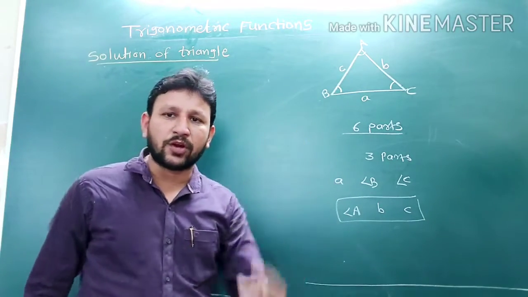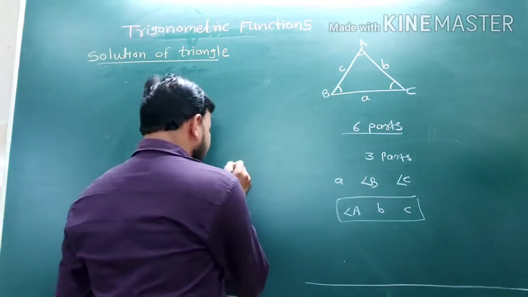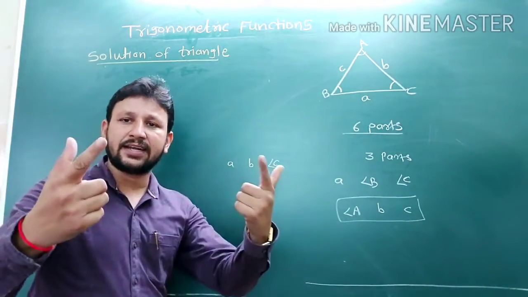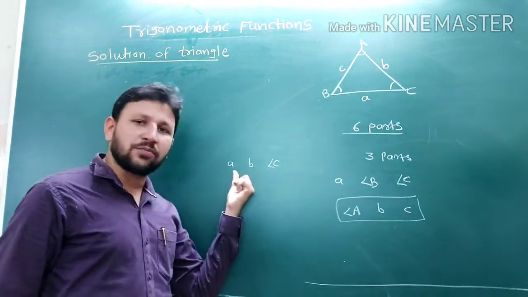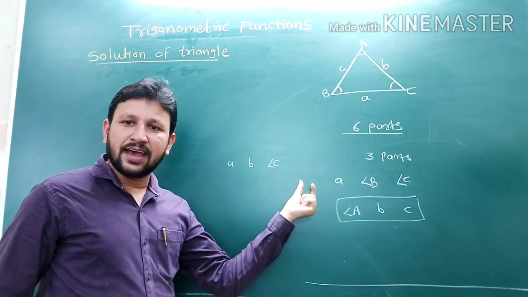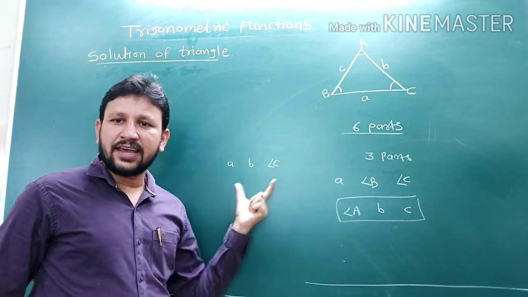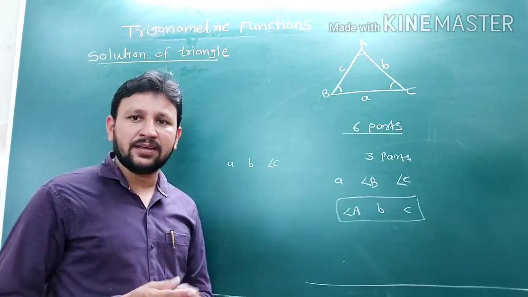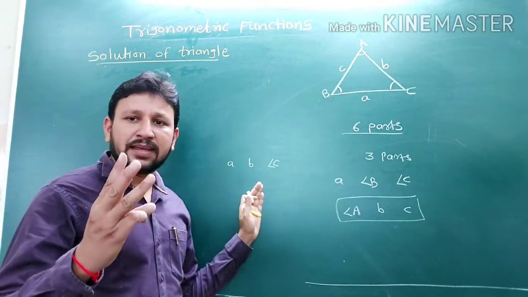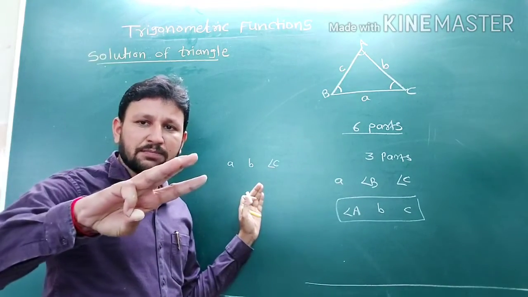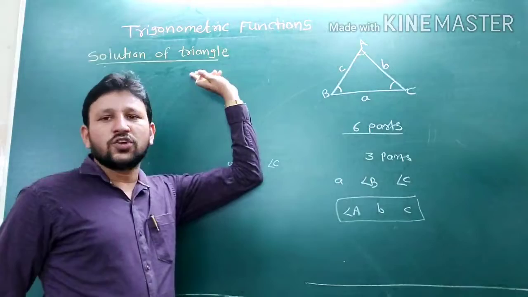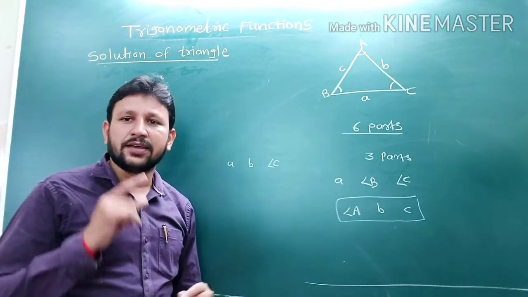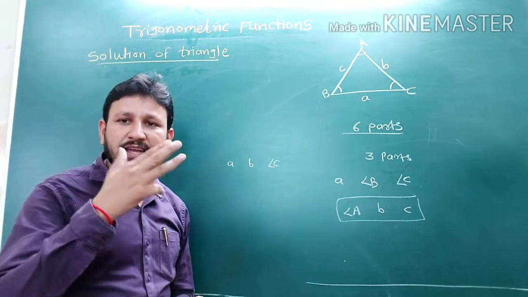The second type of problem gives side AB, that is c, and angle C. Then the target is to find the third side and the angles A and B. The technique for finding the 3 remaining parts from the given 3 parts is called the solution of a triangle.